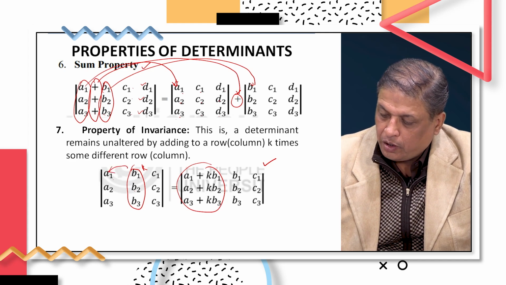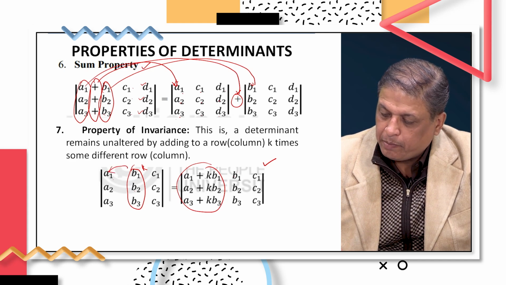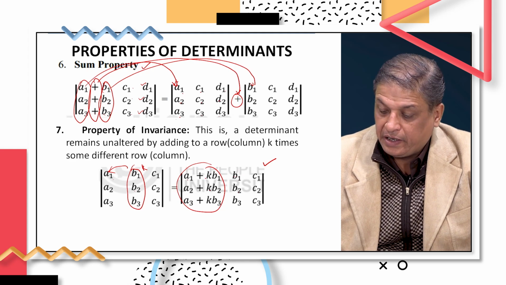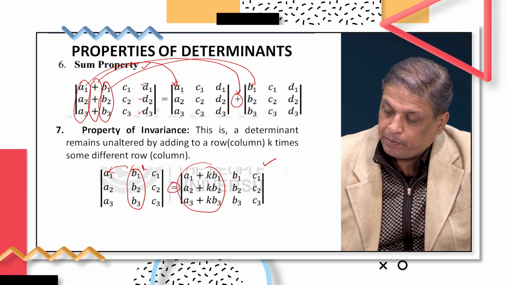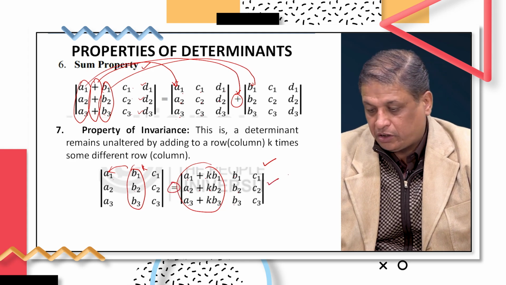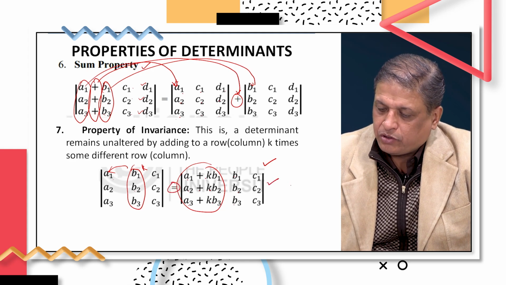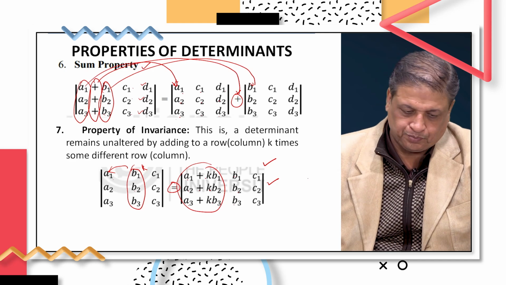So B1 is multiplied by k and added to A1, B2 is multiplied by k and added to A2, and B3 is multiplied by k and added to A3. The value will remain the same. You can try these properties by solving some numericals.